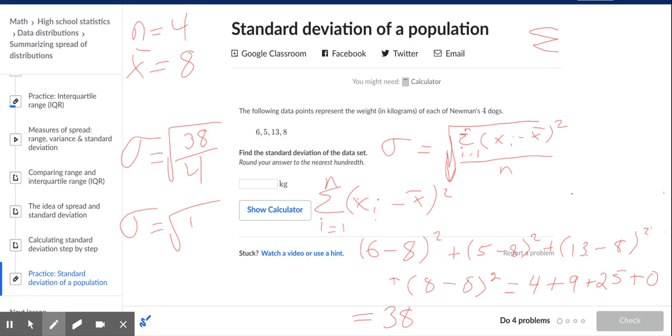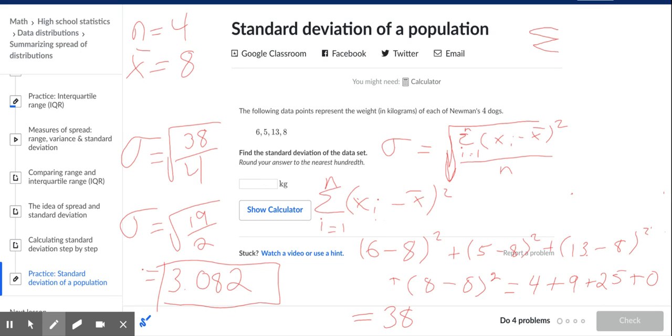If you want to leave it as an exact answer, it's the square root of 19 over 2. Let's go ahead and find an approximation. We put that in a calculator and get a decimal approximation, approximately 3.082. This says round to the nearest hundredth, so 3.08.